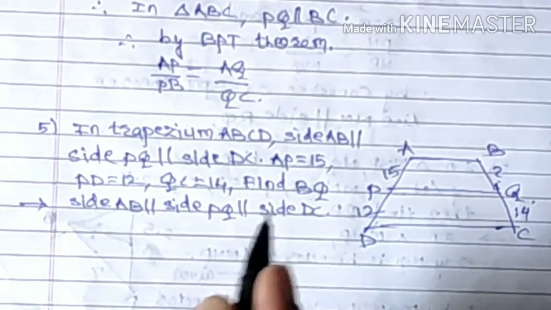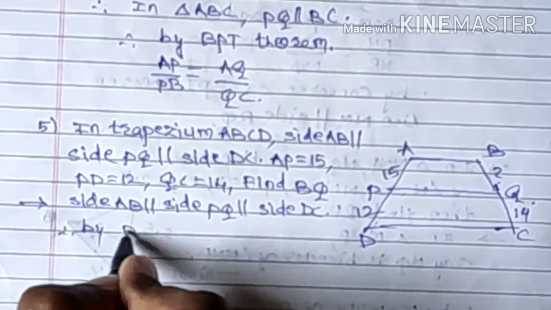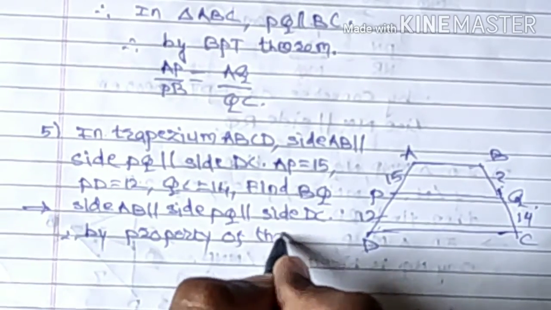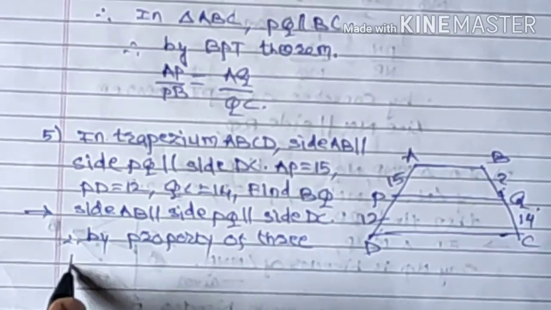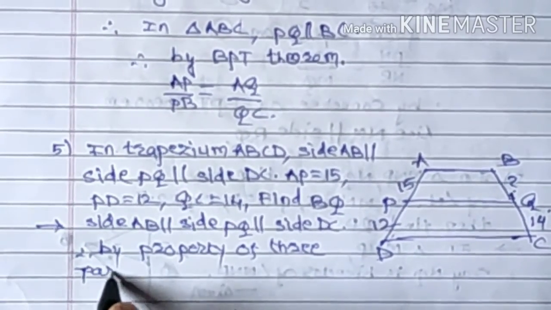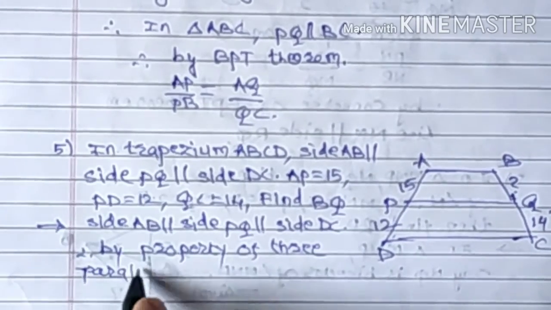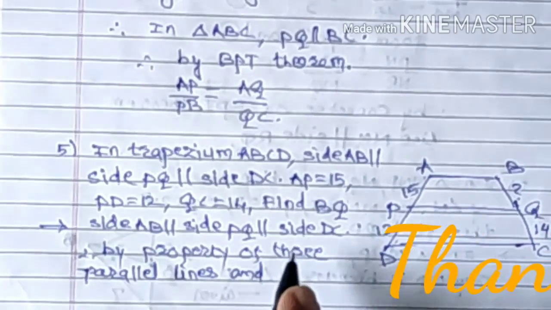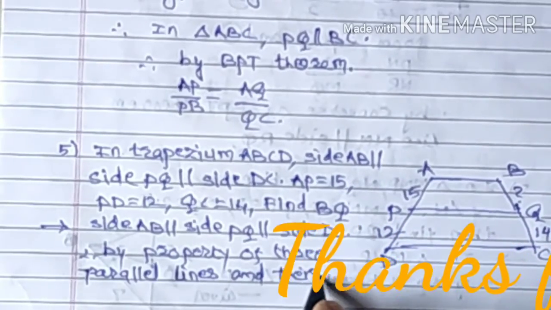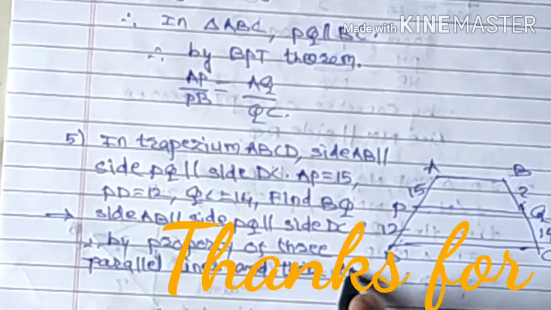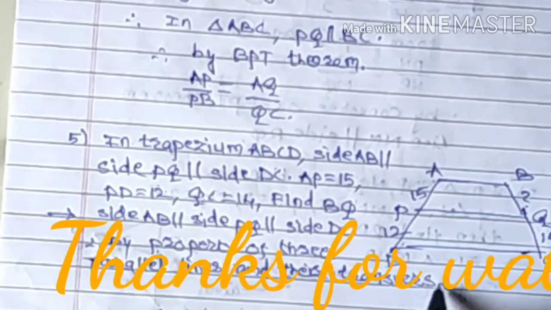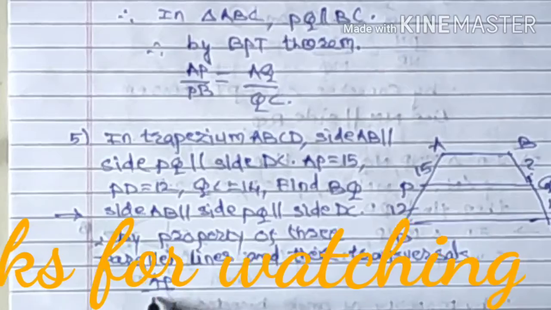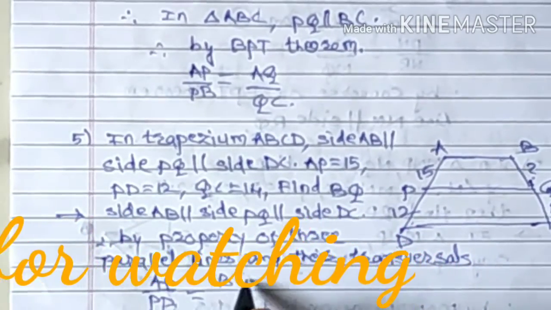Therefore, by property of three parallel lines and their transversals, we have AP divided by PD is equal to BQ divided by QC.